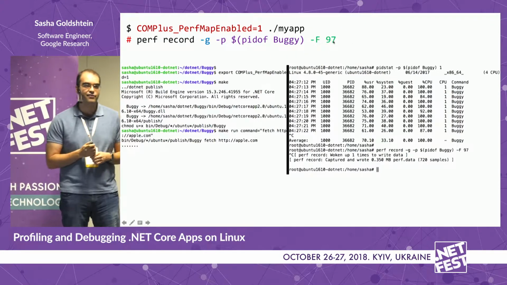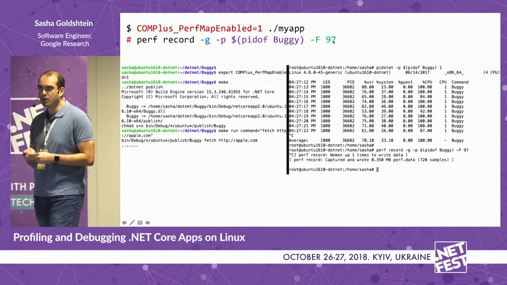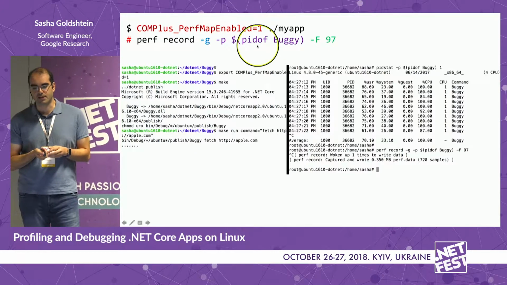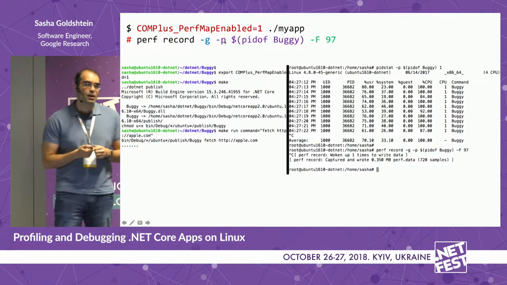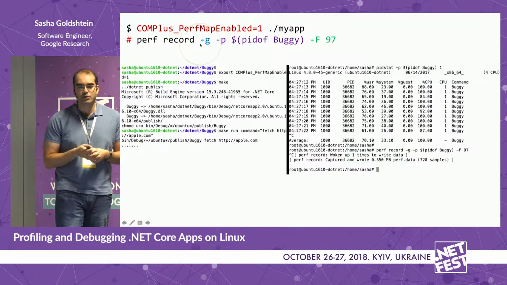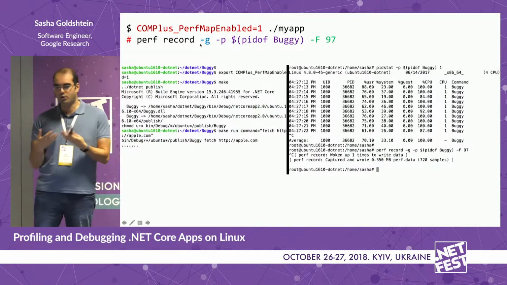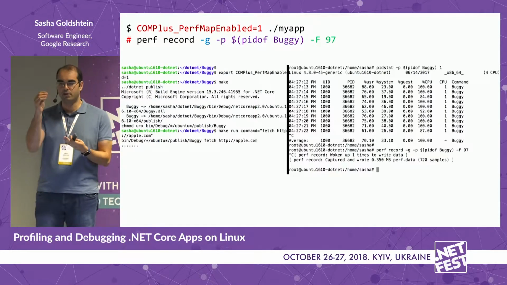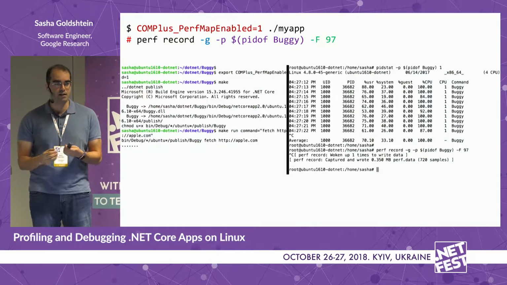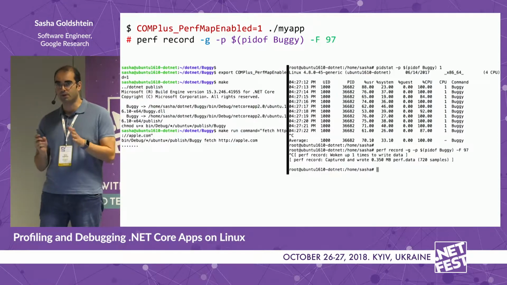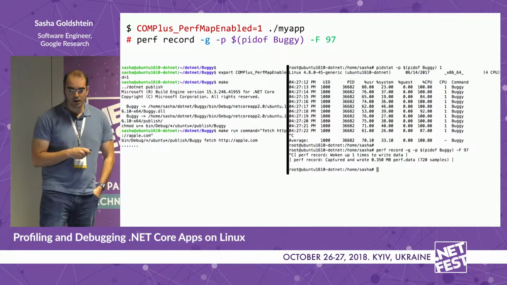So that's the -F 97 at the end. We point it to just your process using the -p switch, and the -g switch says we want stack traces. So you want to know what the program is doing, not just right now, but what the stack trace was that led to this point. So this is what we're trying to record.